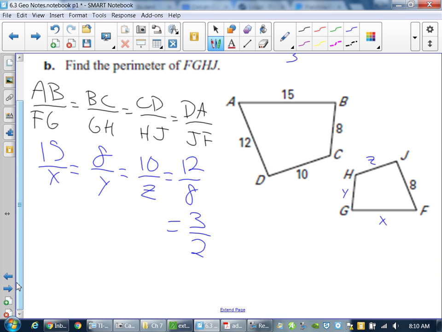Wouldn't it be quicker just to figure out the perimeter of this and use one fraction? So the perimeter of 15, 10, 12, and 8 is 45. So that'd be 30 for the other one, 45 here, and something there. I know I used X earlier, so I'll just use P for perimeter.